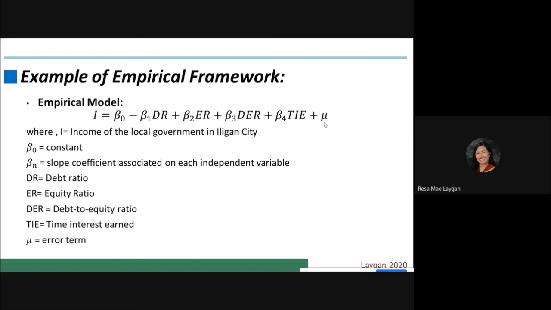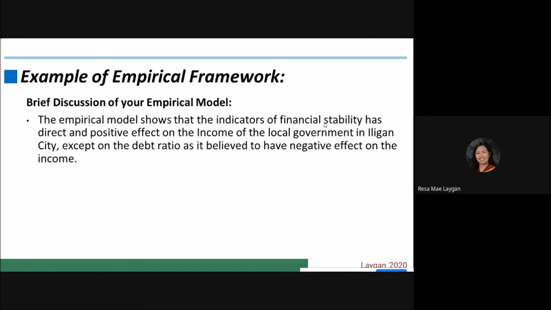In your empirical framework, you are going to discuss briefly about this model. For example, the empirical model shows that the indicators of financial stability, which are the debt ratio, equity ratio, times interest earned, and so forth, have a direct and positive effect on the income of the local government in Iligan City, except for the debt ratio, as it is believed to have a negative effect on the income.